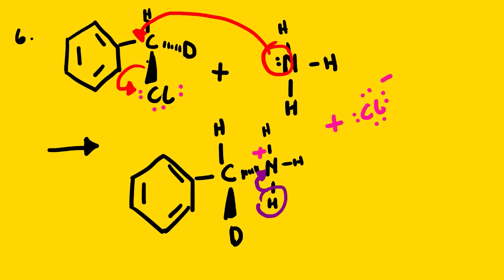If nitrogen keeps these two electrons which have bonded between this hydrogen and nitrogen, then it means that we are going to have, I want us to take it step by step.